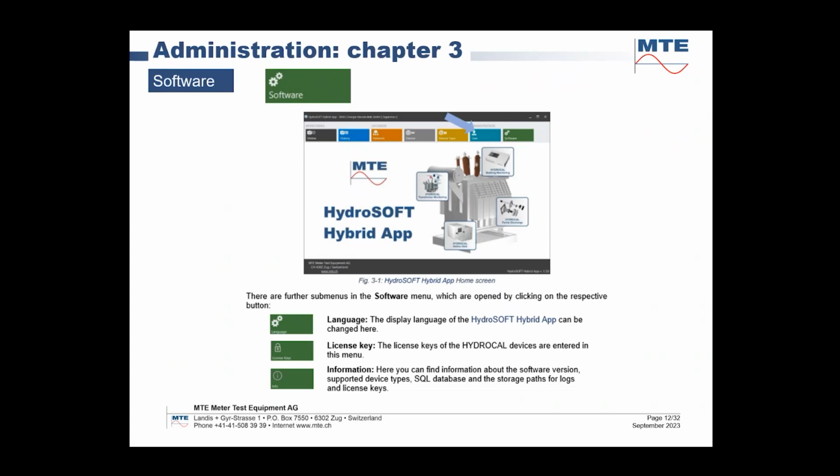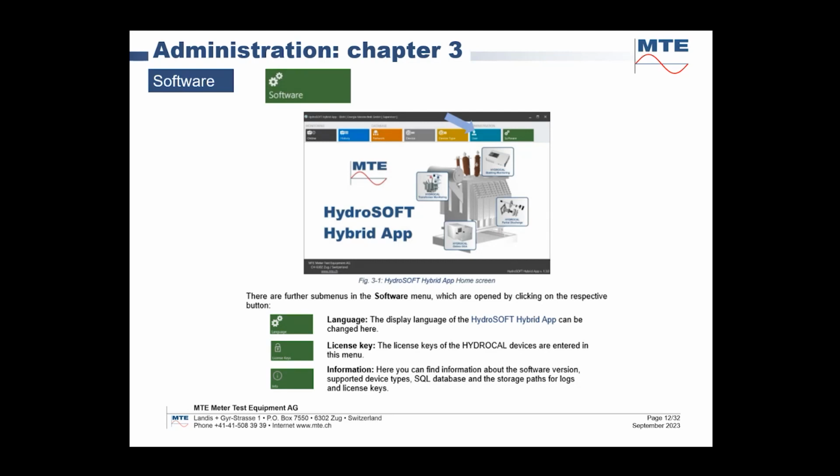About the software, this is the first green button on the right side. In this menu, you can basically set up the language. The display language of the HydroSOFT Hybrid App can be changed here. Once again, it's English US, English UK, German and French. License key, I will show you, but you have 2 different possibilities to enter a license key.